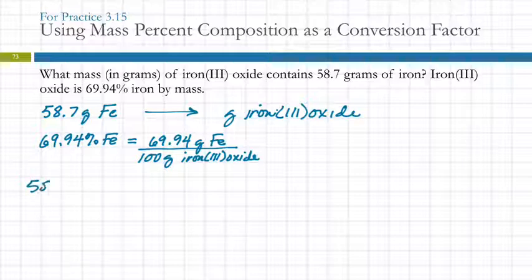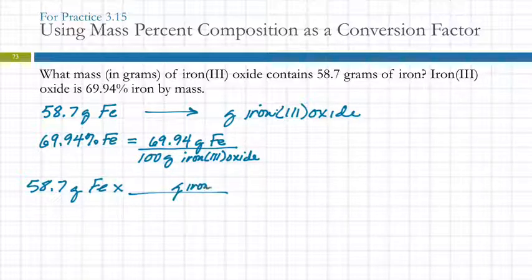So I start with my given quantity, 58.7 grams of iron. And I'm trying to find grams of iron(III) oxide. So I'm going to put grams of iron(III) oxide on top and grams of iron in the bottom. So the units work out.